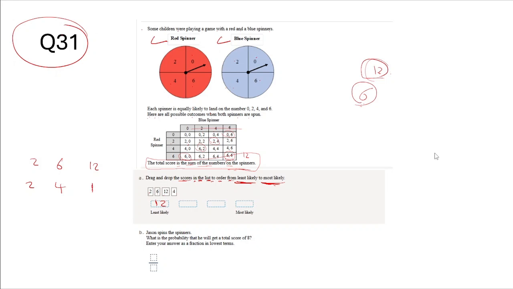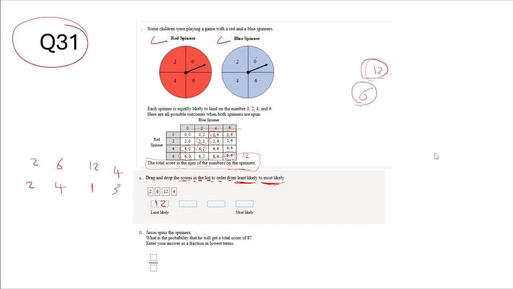And number 4. How many times can I get 4? 1, 2, 3. So only 3 times.